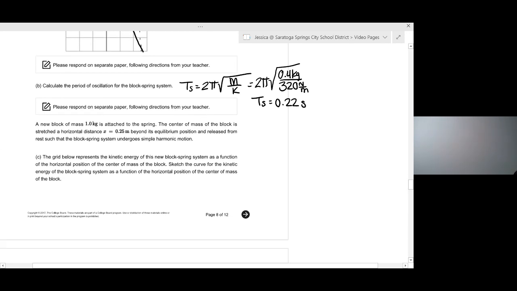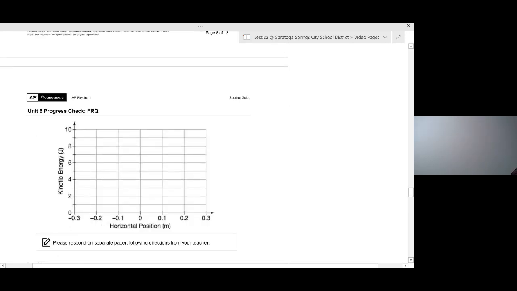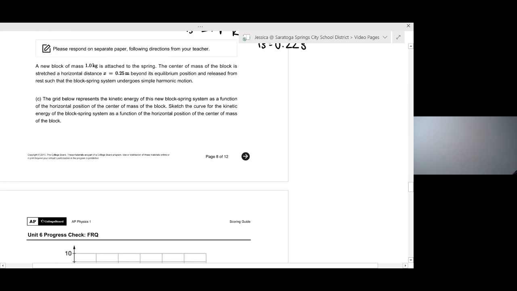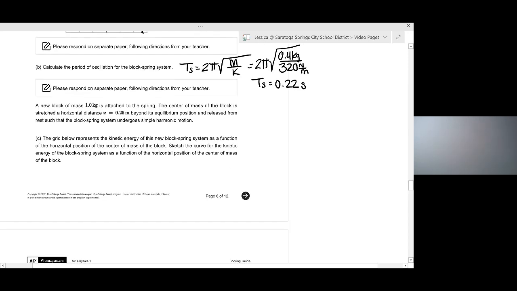Okay, so let's think if the maximum amount of energy is going to change. In this system, the maximum amount of energy is set by that initial potential energy.